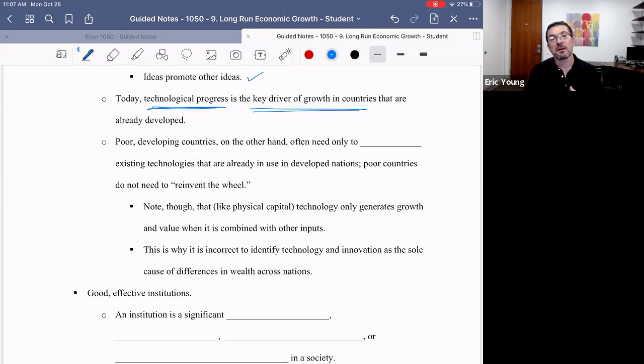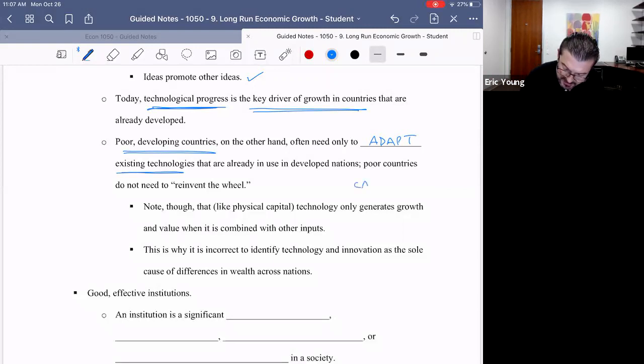On the other hand, this implies that for poor countries, for developing countries, since the rich world is already forced to innovate to maintain its growth, poor countries oftentimes don't need to invent their own. They can simply adapt, take, borrow, sometimes steal existing technologies that are already in use.